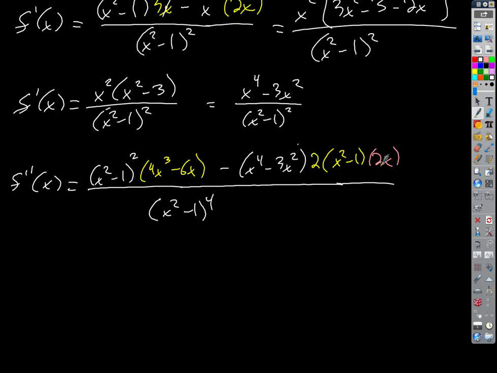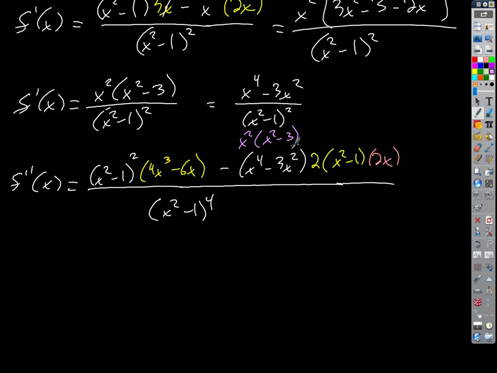Okay. Now, one thing that might be useful here is that we already had x to the fourth minus 3x squared is just this, isn't it? Right? We already had it factored over here, so if I want to replace that with x squared times x squared minus 3, that might be useful, right? And then what about right here?